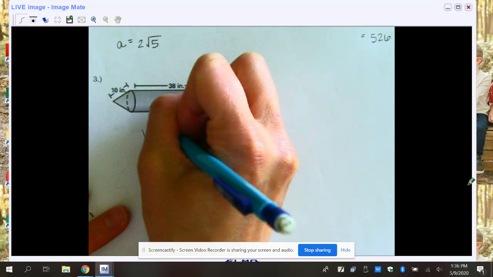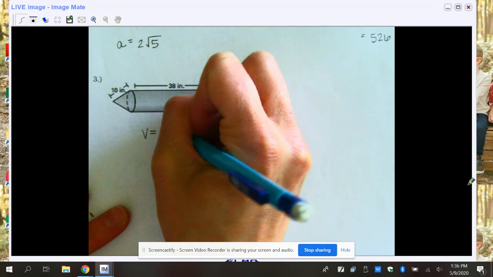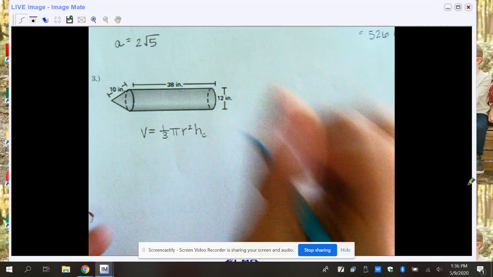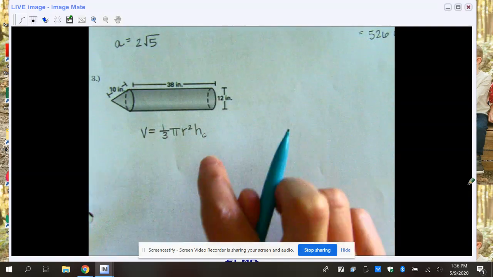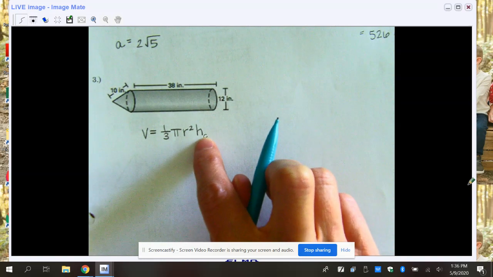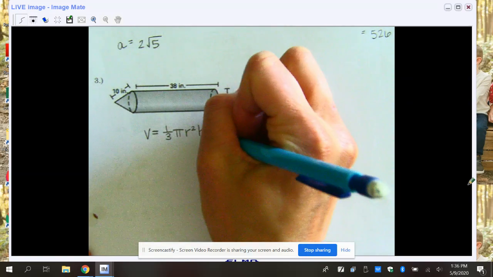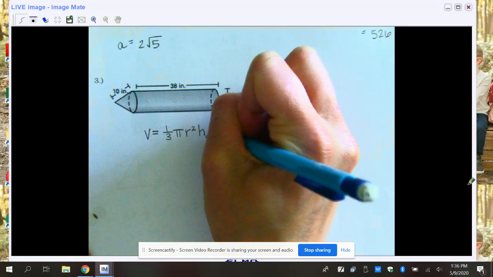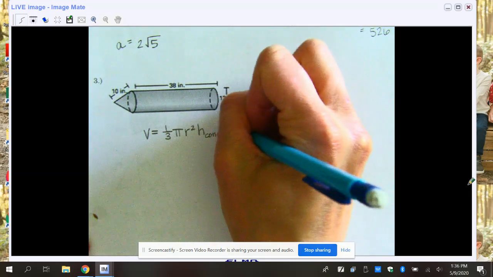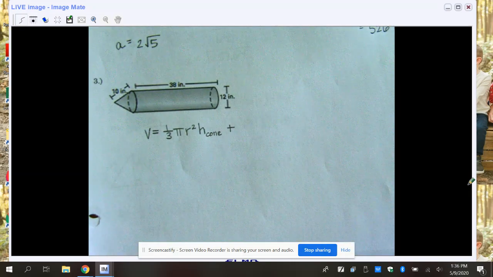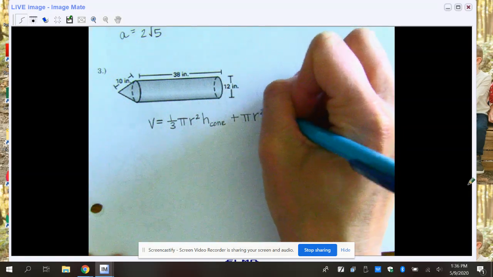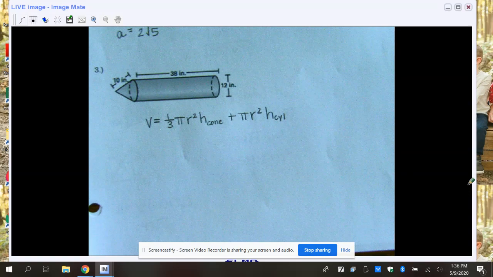So if I write this formula off to the side, the volume of the cone is 1/3 pi r squared times h, and I'm gonna again put a little c here so I know I'm talking about the height of the cone. I guess cone and cylinder start with the same letter, so I'll actually write the word cone there. And then the formula for the volume of a cylinder is pi r squared, and then we'll need the height of the cylinder.